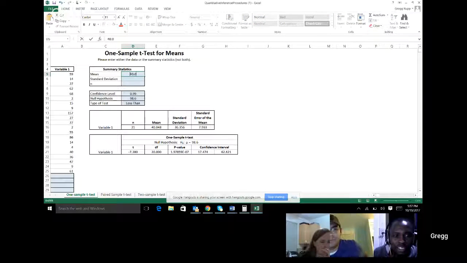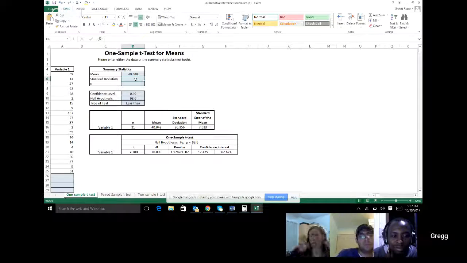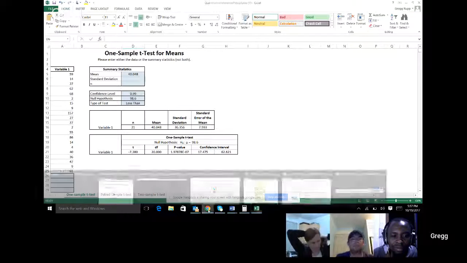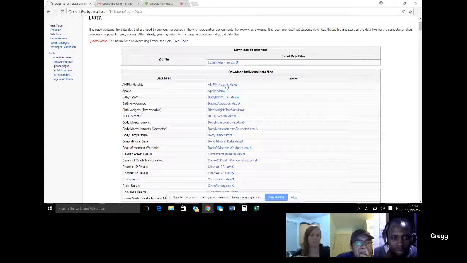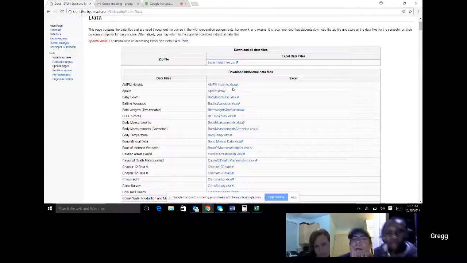I didn't understand where you find this data. It's on one of the sheets. If you look at my screen, because it says in question 11 to use the following values, which were pulled from the data file babyboom-jse, I came to our data files and clicked on Baby Boom.